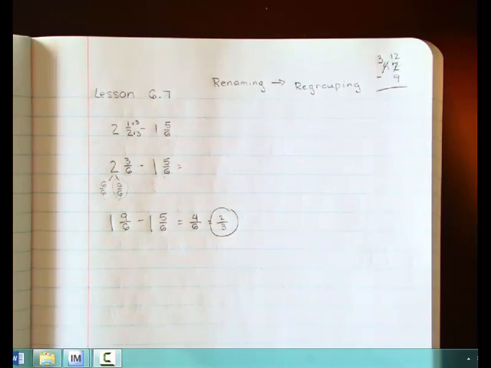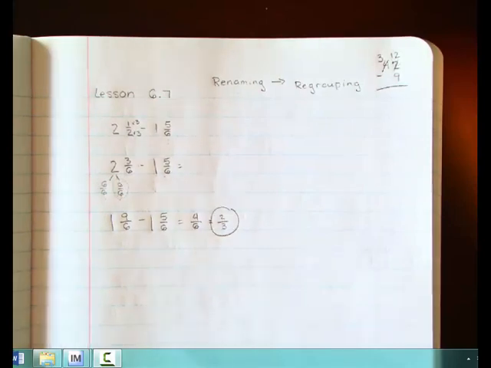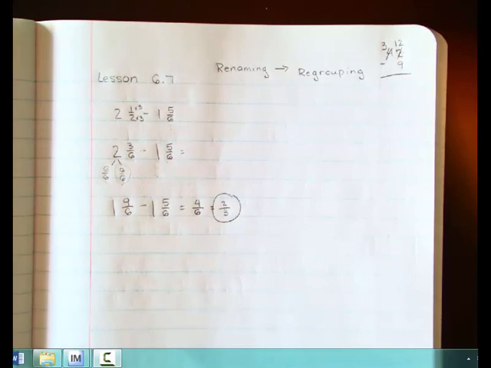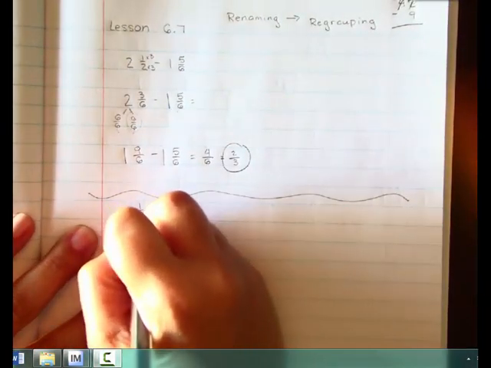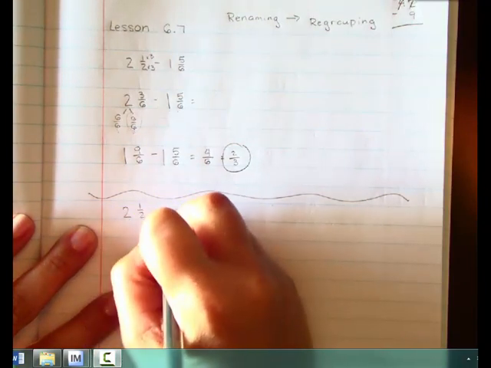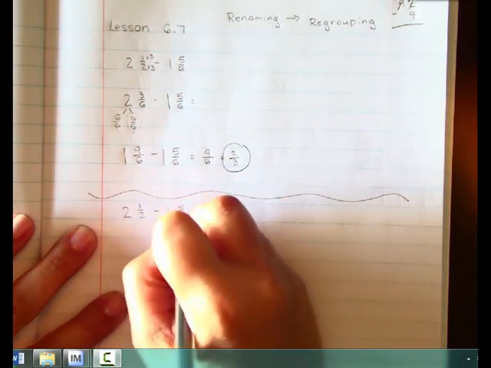Another way you could do this is by using improper fractions, or fractions that are greater than 1. I'm going to show you how to do that using the same example to show you we end up with the same answer, regardless of which way you do it. So I'm going to start with the same problem again. I have 2 1/2 minus 1 5/6.